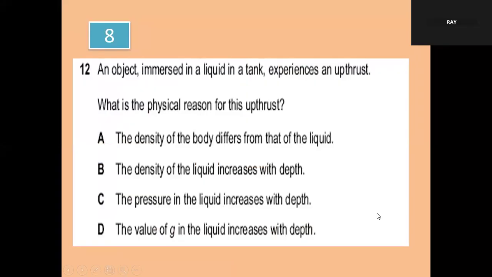An object is immersed in a liquid in a tank and experiences an upthrust. What is the physical reason for this upthrust?